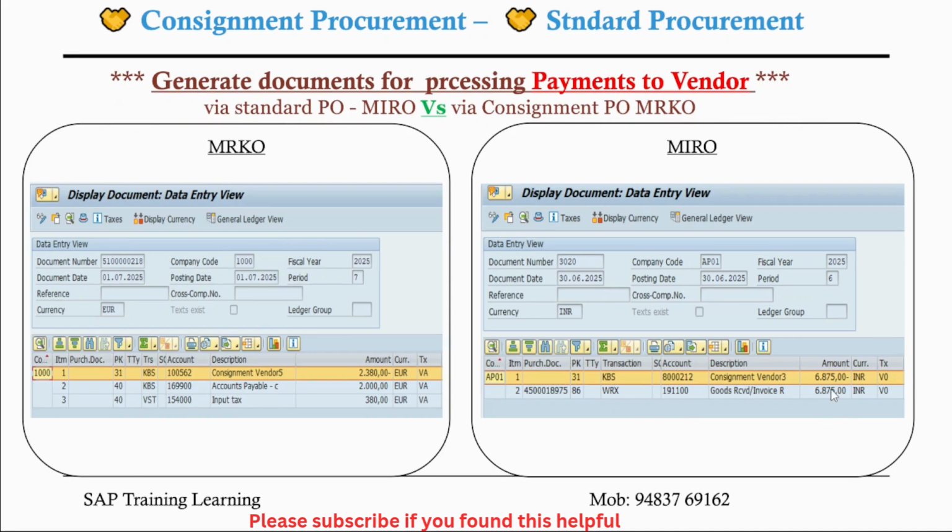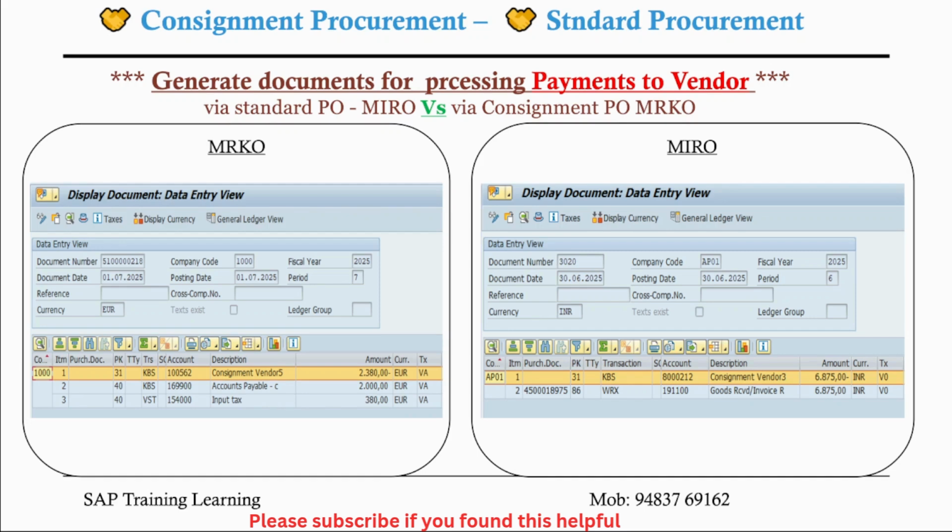Here WRX will be positive and your vendor account will be credited. This will be a negative value, which indicates that whenever your accounts payable team sees this vendor, they know that this is the amount we're supposed to pay to the vendor.